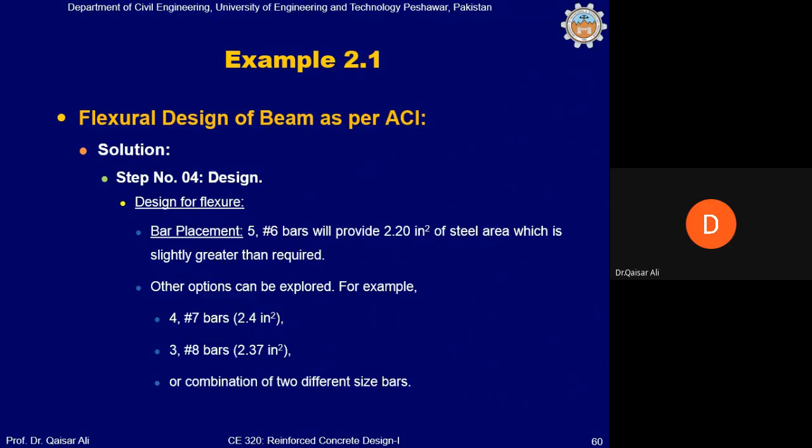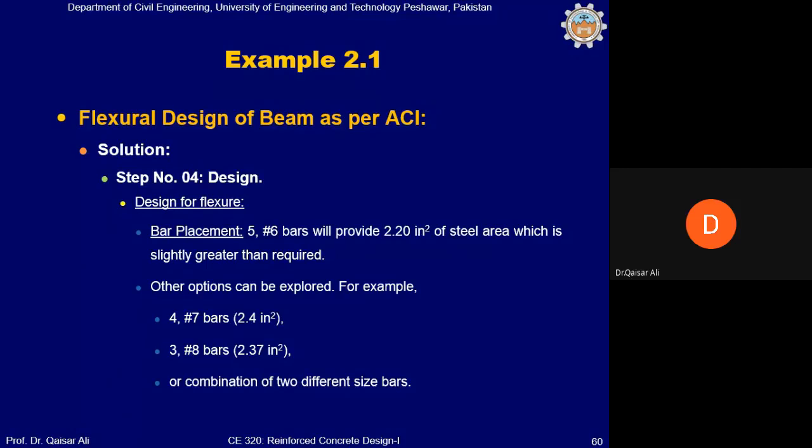Finally, now we will need some bars to be placed inside this beam. For this, we will have to select a particular bar size. You can select any bar size, but you have to keep in mind certain things. There should not be too many bars to be placed. If the bars are too many, they will be too congested inside the beam, and it will prevent the flow of concrete around the bars.